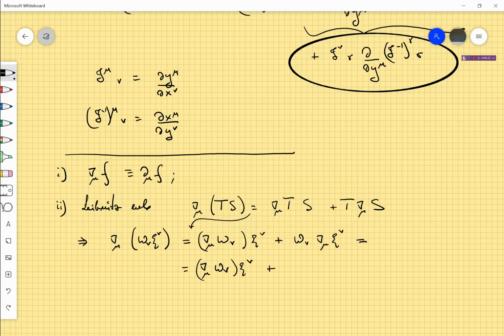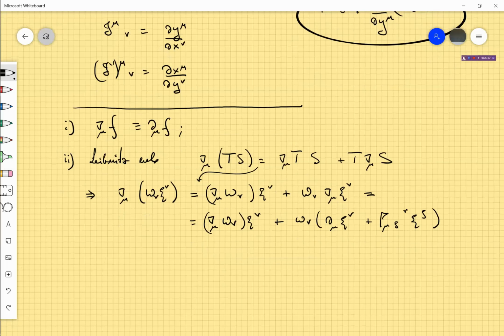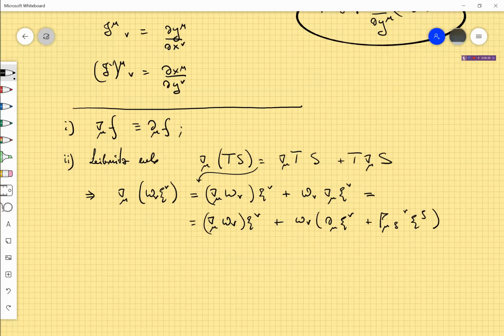So I know this is partial mu psi nu plus gamma mu rho nu psi rho. Now I eliminate the parentheses. Let me write this in this form.